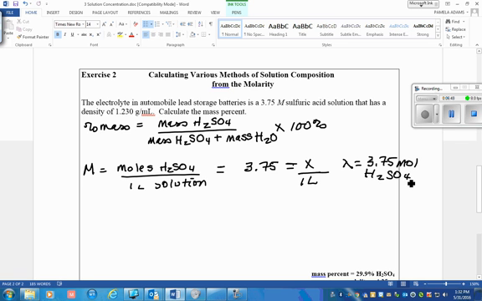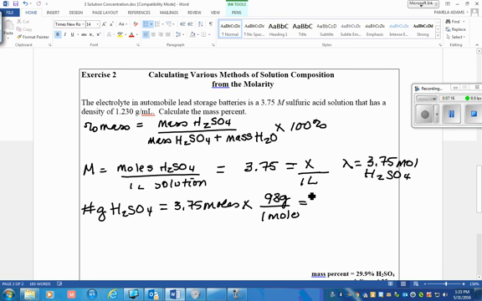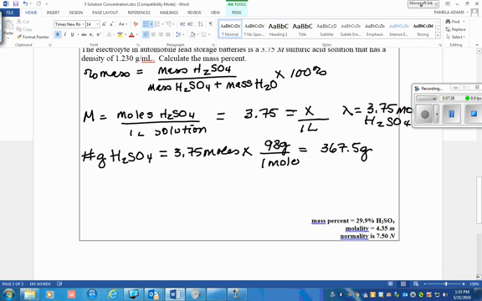All right. We can figure out the number of grams of H2SO4 equal to 3.75 moles. We need that to find the mass and put it in our target equation. 1 mole of sulfuric acid has a molar mass of 98 grams. So the mass of our solute is 367.5 grams.